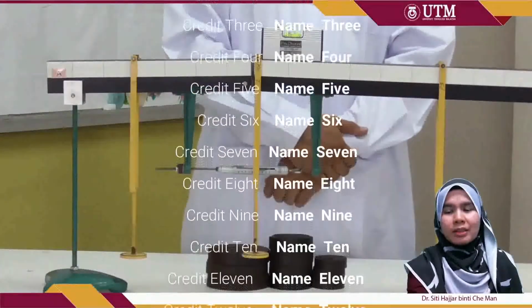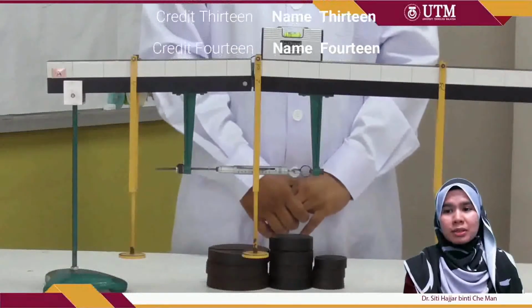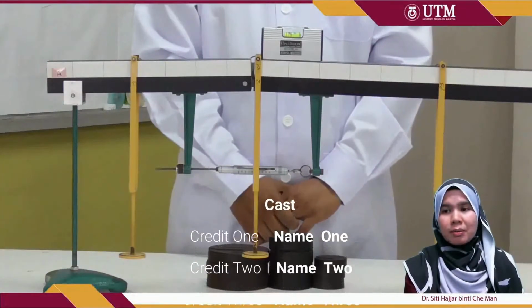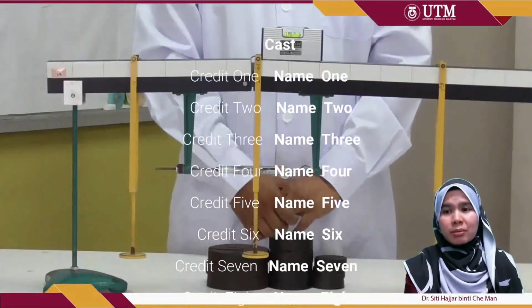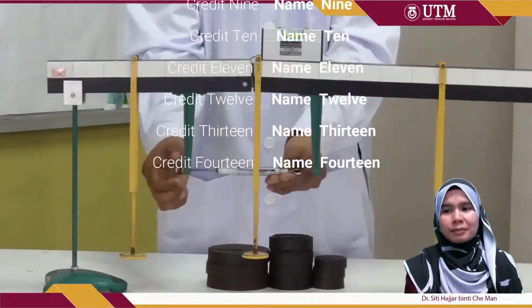Alright, to start, we need to align the two parts of the beam using the adjustment on the spring balance by turning the spring balance knob until the bubble in the balance is at the center.